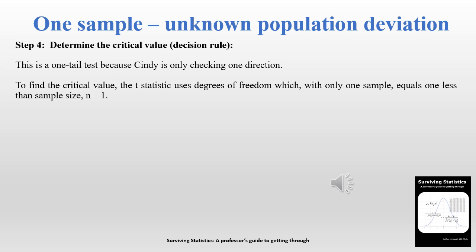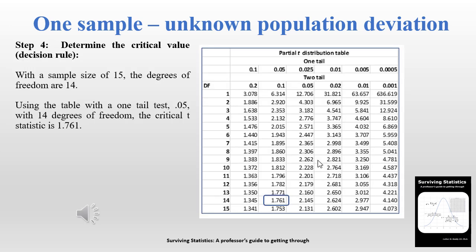We have a 0.05 level of significance with 14 degrees of freedom, and so we're going to find a critical value on the table. Using the t distribution table, we then are looking at the one-tail row with a 0.05 level of significance. We scroll down till we find the degrees of freedom of 14, and we end up then with a critical t value of 1.761.